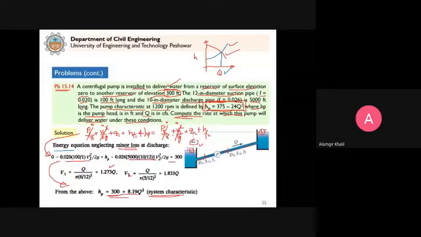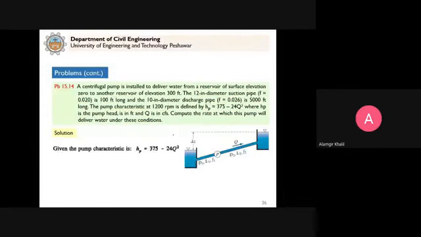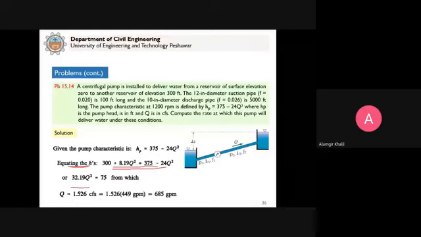So equating the two H, from here the only unknown is Q. So Q is equal to 1.526 CFS. This is the required discharge, and this is its value in gallons per minute. So this is how we calculate the discharge of the pump, the rate at which this pump will deliver water under these conditions.